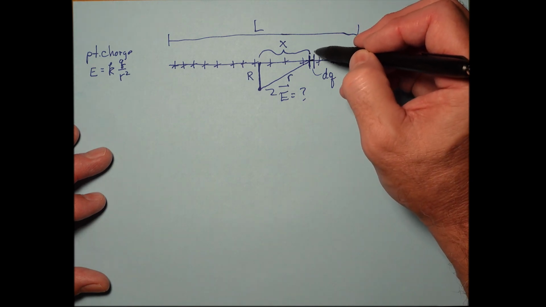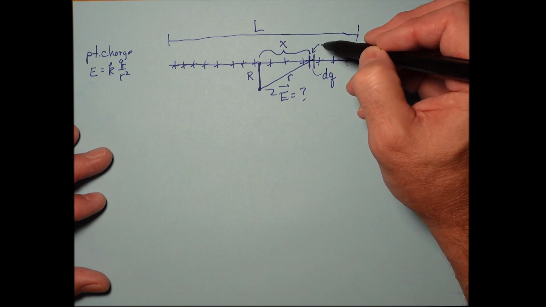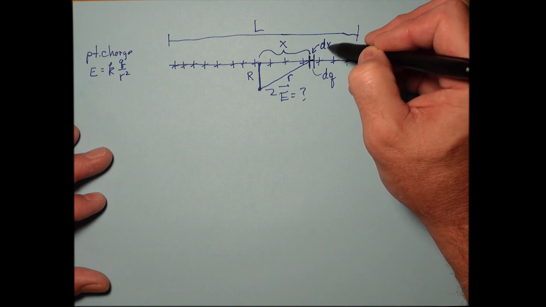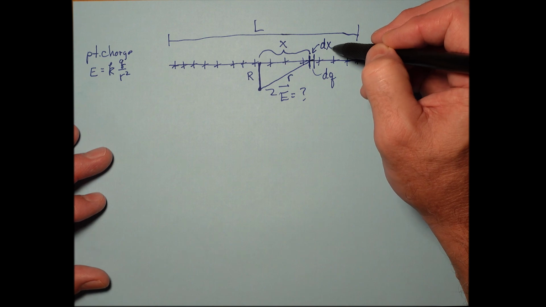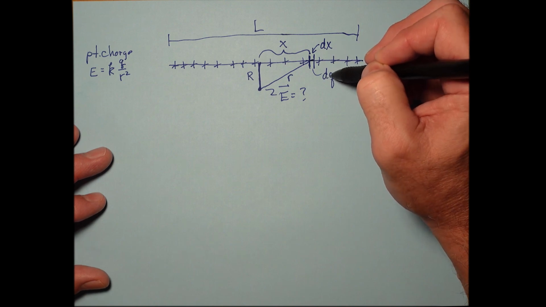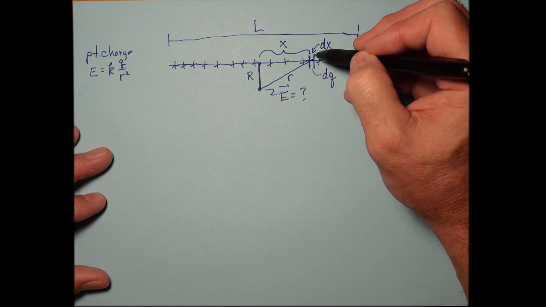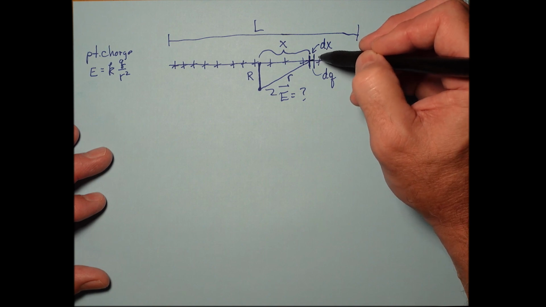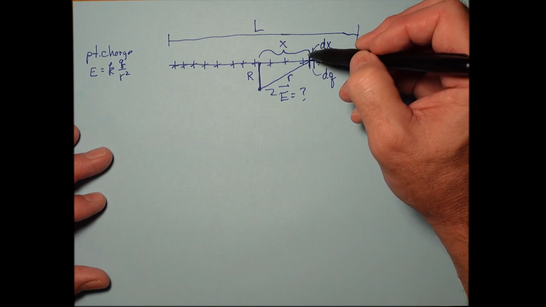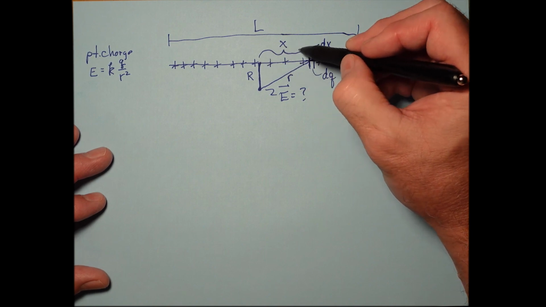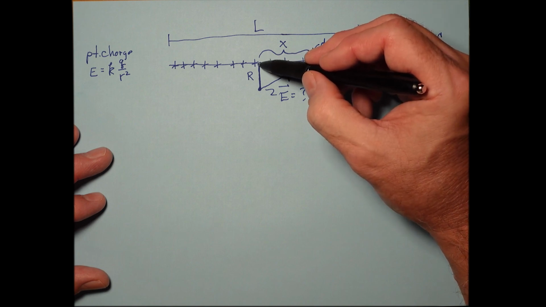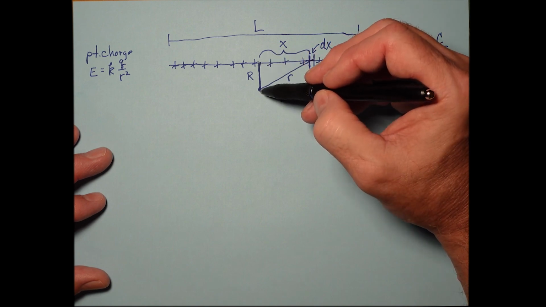And the amount of charge in that little section right there, we'll have to give that section a length, so we'll just call that the differential length dx. So dq is the amount of charge that's in dx length. But that charge is a distance x away from this center point here where r comes off.